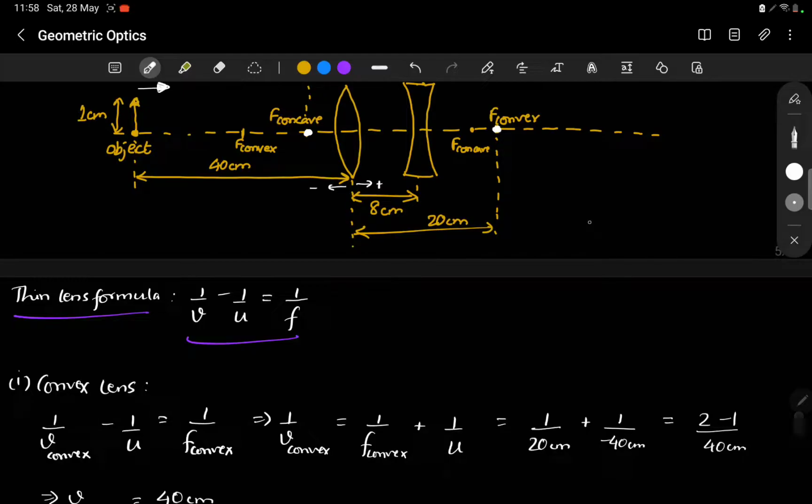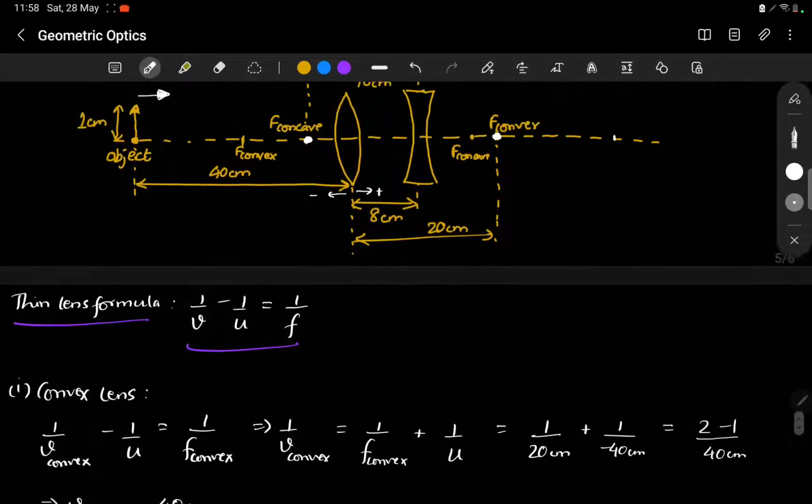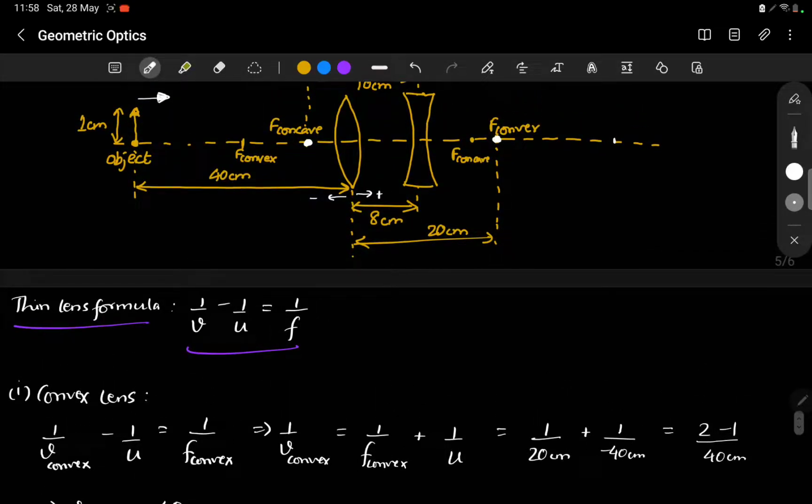So the image for the convex lens is formed somewhere over here. This distance is 40 centimeter.